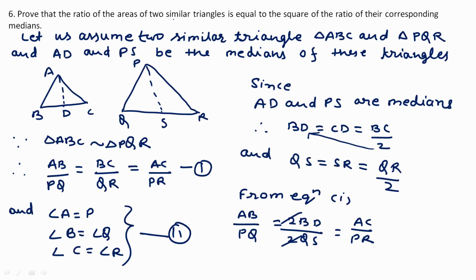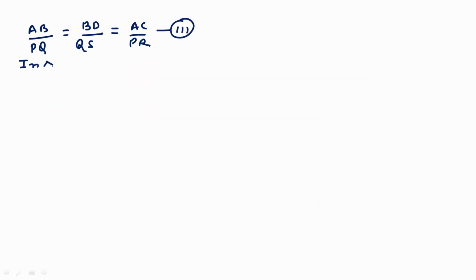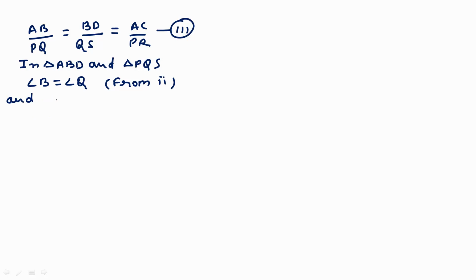Now see, in triangle ABD and triangle PQS, this triangle and this triangle, angle B is equal to angle Q, from second, and AB upon PQ is equal to BD upon QS, from third.